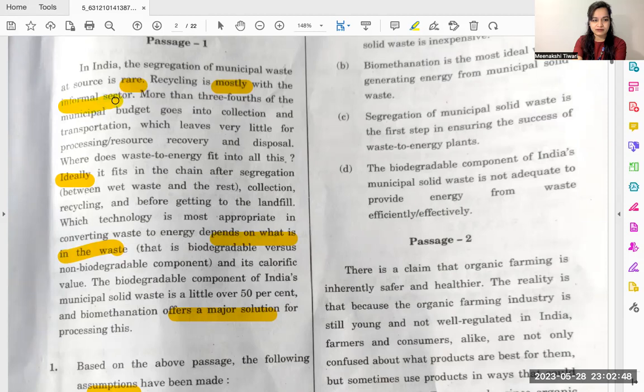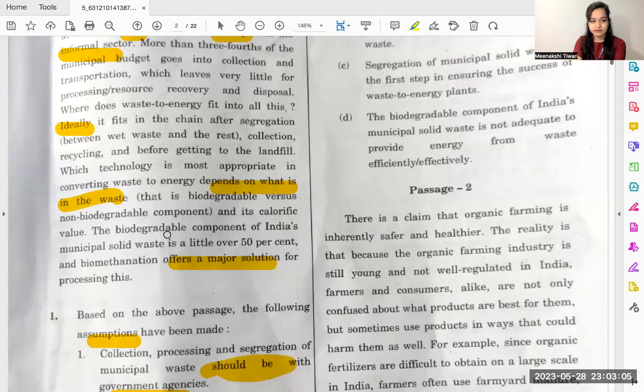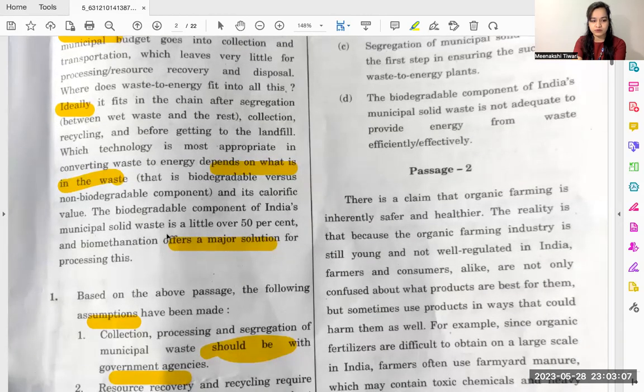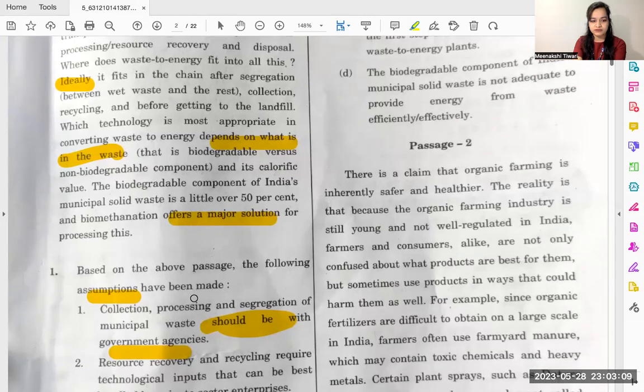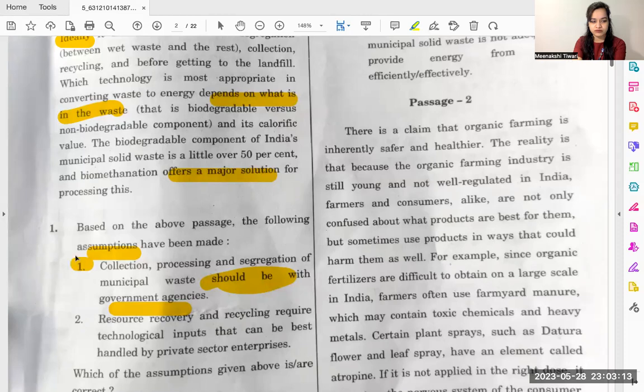Well, we have a little hint of informal sector, and we have another clue, which is municipal corporation, municipal waste. However, this passage doesn't repeatedly talk about or focus on private versus public. So we rule out this choice.